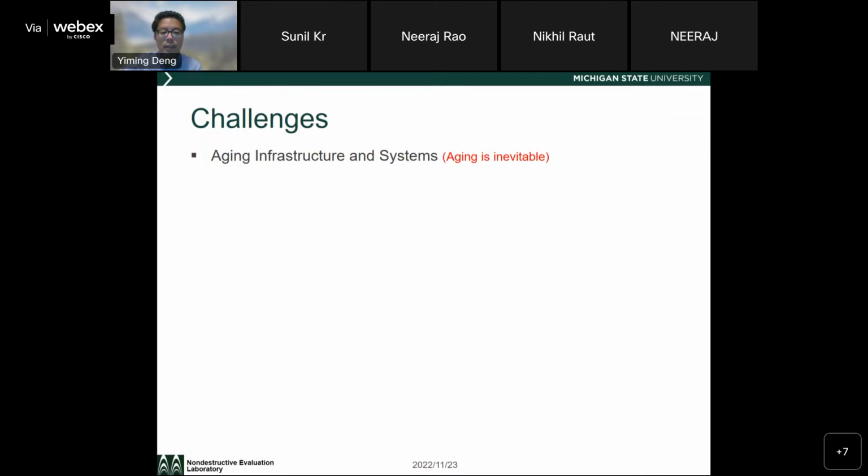But for the United States, we have an aging infrastructure and systems, right? So we want to make these systems more resilient, more safe, and make them into a true ecosystem. But aging is inevitable, just like our human body, right? Our human body is aging over time, over years. Those complex systems age over years as well. Well, for some systems, the time scale is different.